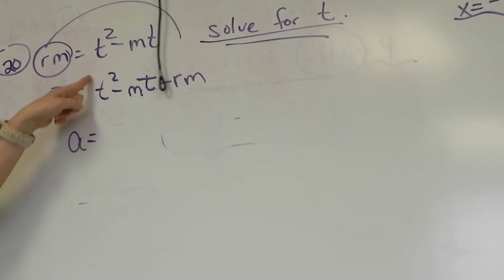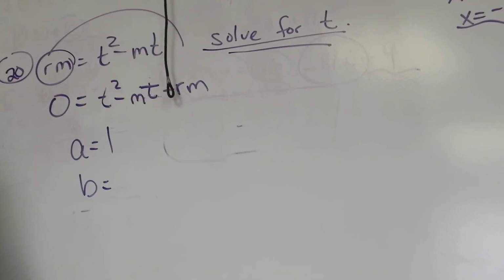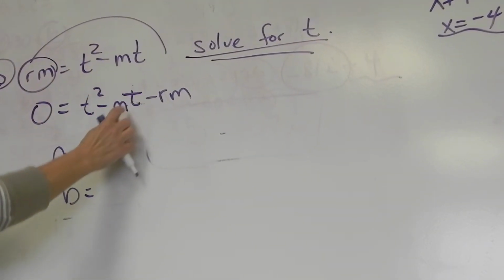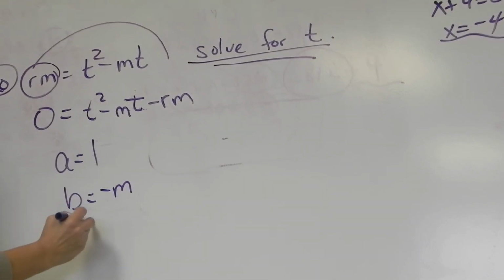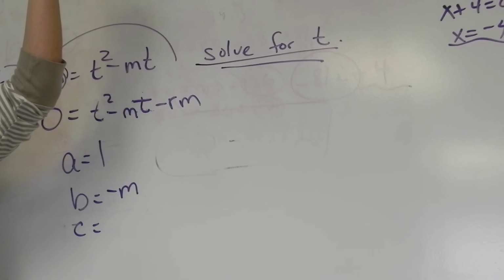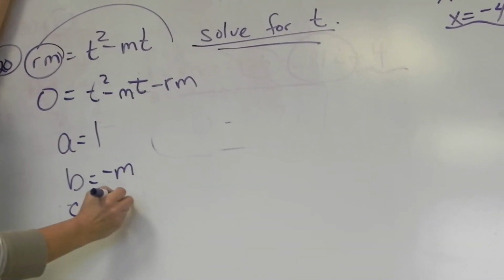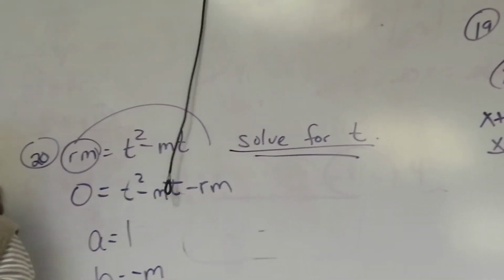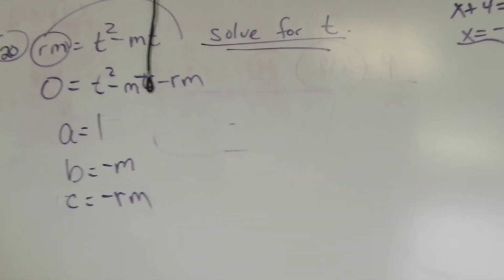So t squared's coefficient is 1. B is what's in front of t to the first. Here's t to the first, so what's in front of it is negative m. And then c is the constant, or the part that doesn't have the variable you're solving for on it. It doesn't have a t on it. So that's a constant. I know it's weird because those are letters, but that would be, in this case, considered the constant of that quadratic.